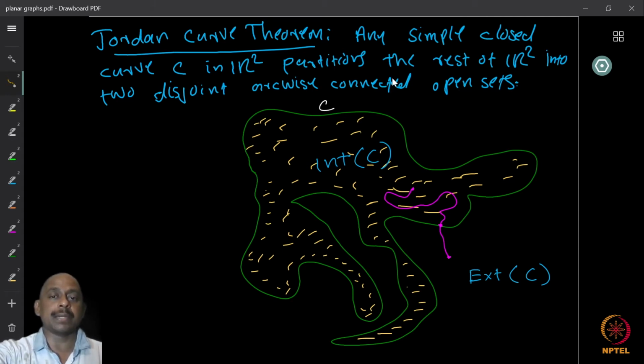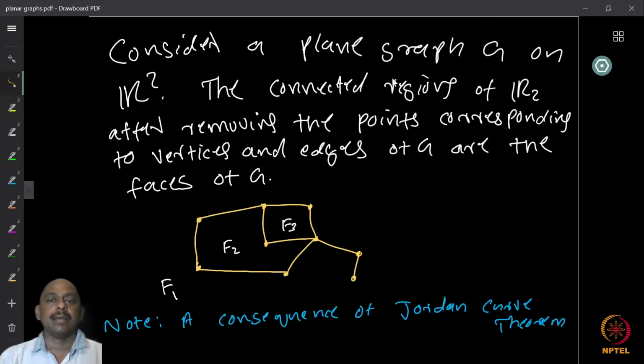Now, if you come back to the embedding, you take the embedding of any given graph, and then you remove all the points of this embedding, that is the points that belong to the curves representing the edges as well as the vertices.